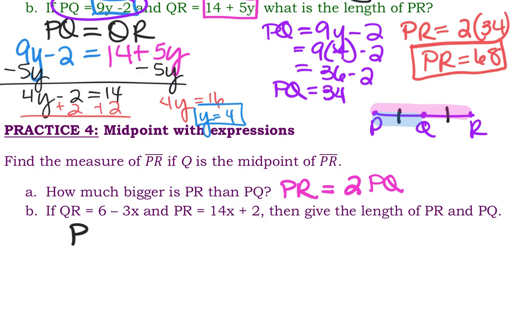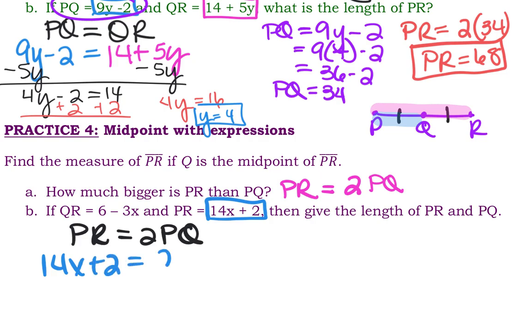If I know this, what am I plugging in for P to R? 14x plus 2, that's what it equals. 2 times, and I'm going to plug something in here, so I'm going to put the parentheses. What is P to Q equal to? QR, right?